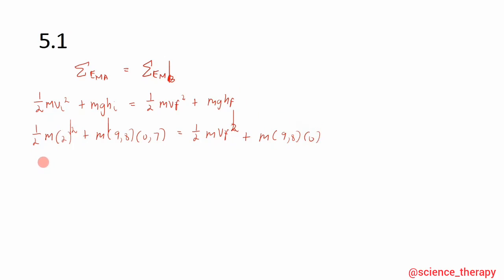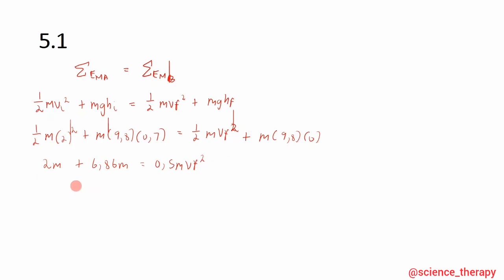Then here we have 2m plus 6.86m is equal to 0.5m vf squared. So if we just take this half as 0.5, and then this will just be 0 because we are multiplying with 0.